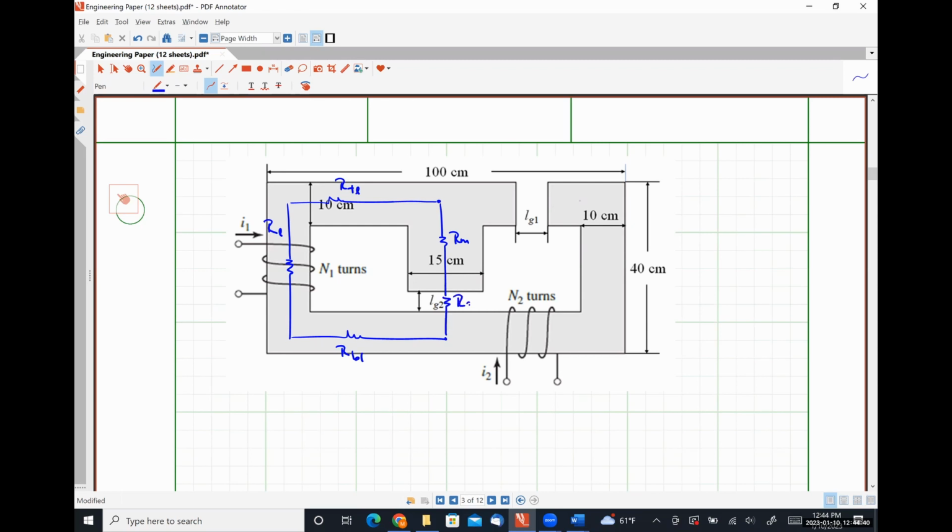This is going to be RG2. This bit right here is going to be R top right in series with RG1. Then RR, and R bottom right, so BR. So nothing wild or crazy here, just breaking things down.